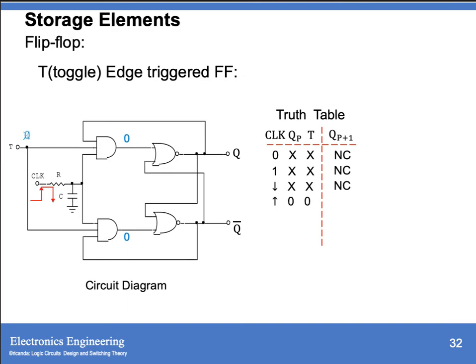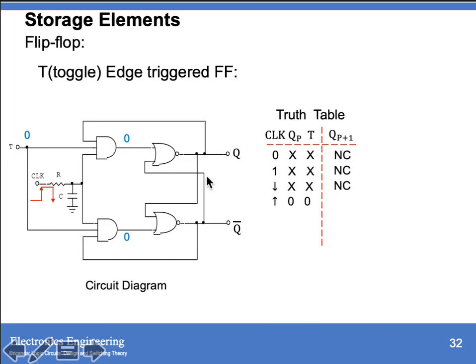Going up, with both T being 0 and your previous Q being 0, we have an output of 0 in your AND gate. Since it is 0 and 0, we have to determine your next output using the previous Q. So Q is 0, NOR with 0, therefore Q bar is 1.